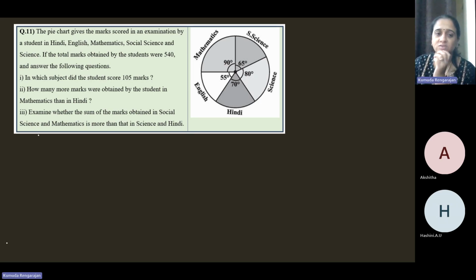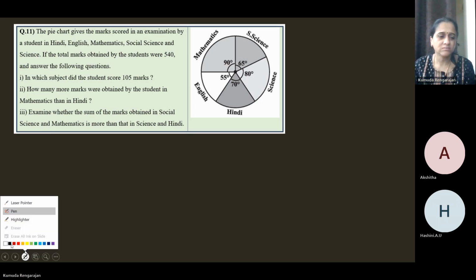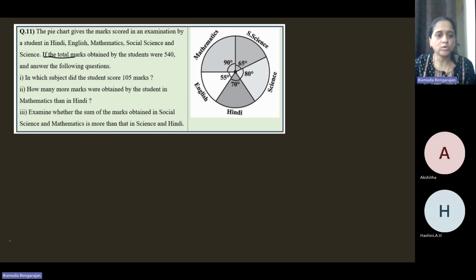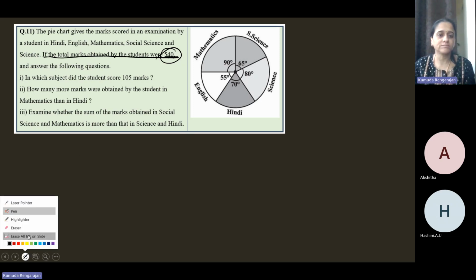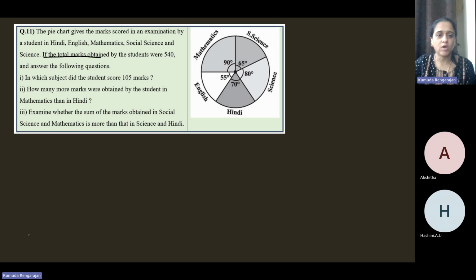In which subject did the student score 105 marks? What is the total? 540 marks. If the total marks obtained by the students were 540, the total marks is 540. So this exam was out of 540.